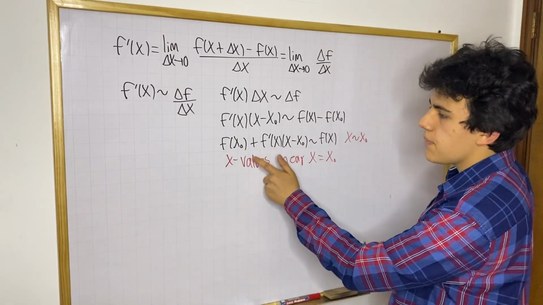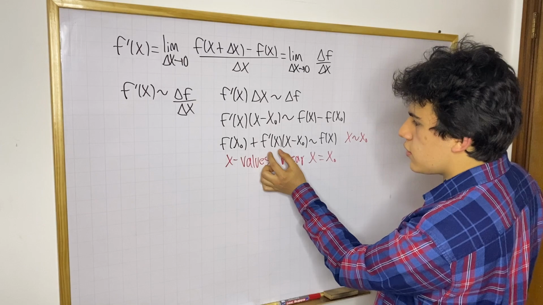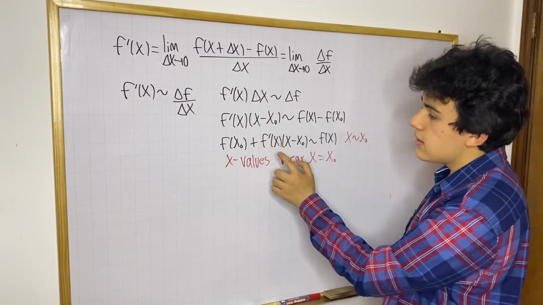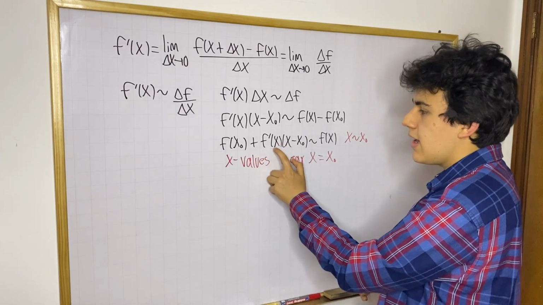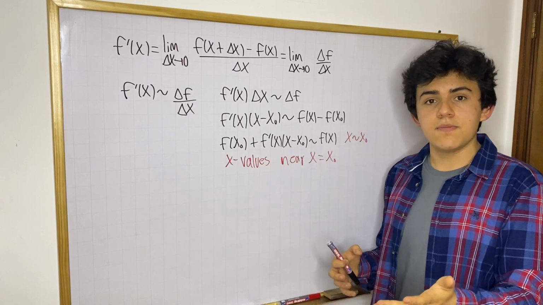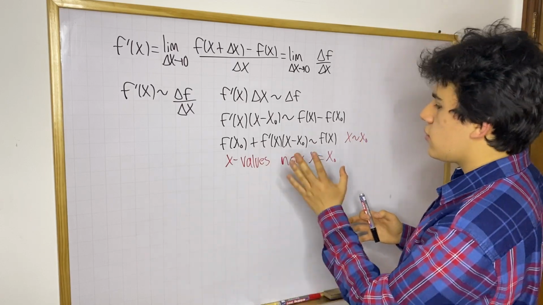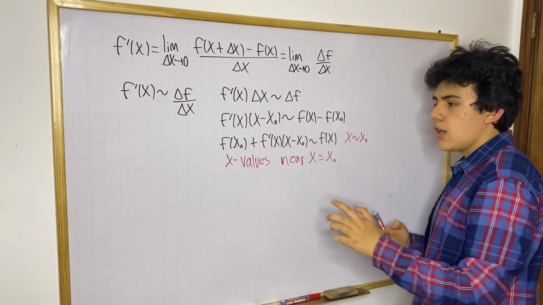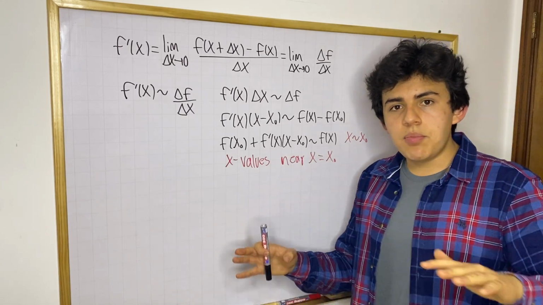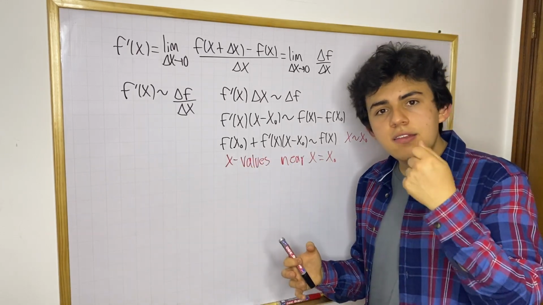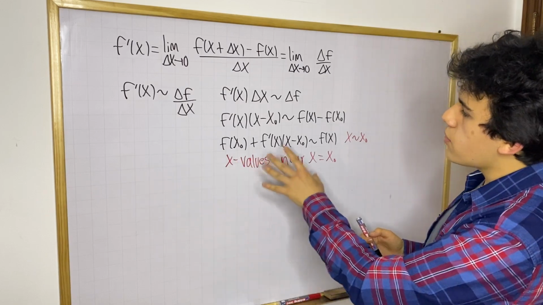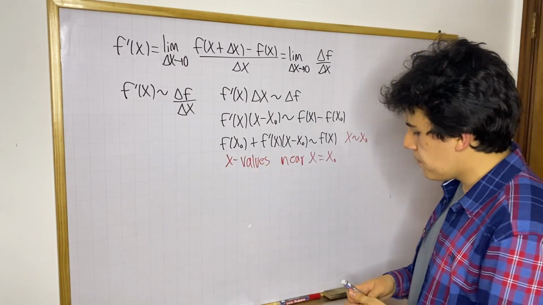Well, instead of writing that this approximation uses f prime of x, you can write that this approximation uses f prime of x naught, okay? That is something that you can do. So you can interchange x and x naught at your convenience, depending on the problem, okay? That is a very important technique to solve problems using these approximations, okay?